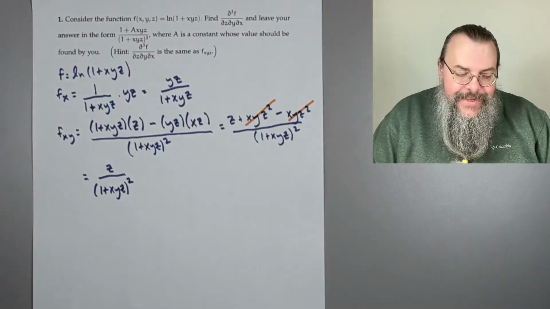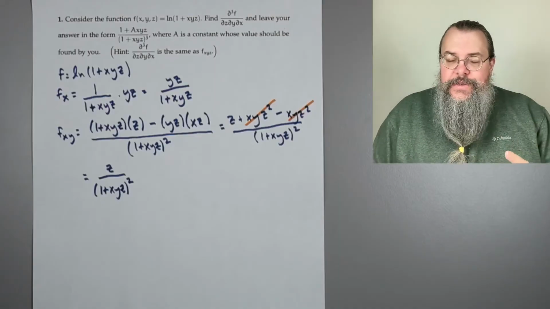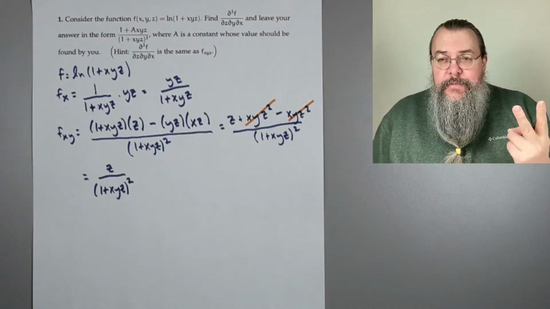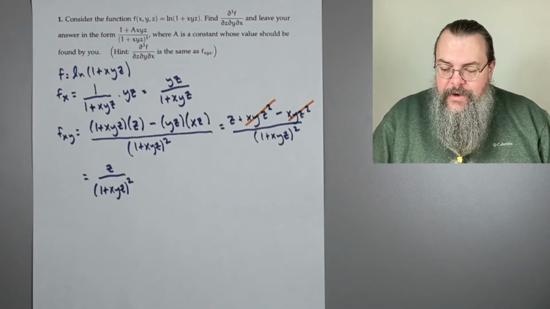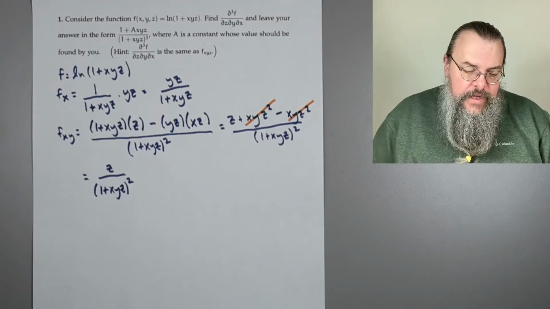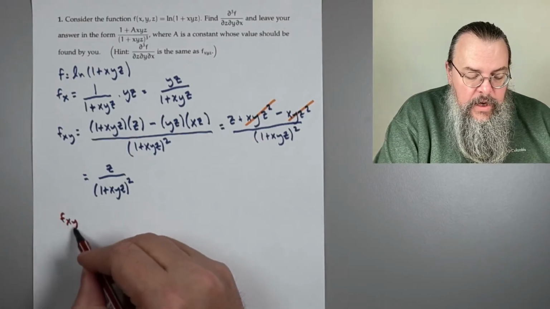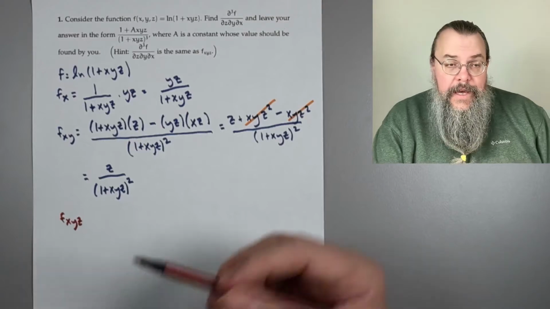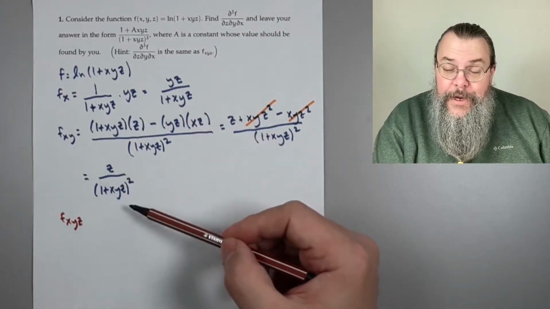Okay, good. Now, one more to go. So we've taken the derivative with respect to x, we've taken it with respect to y, now with respect to z. All right, well, let's see what's going to happen here. So we're going to have f of x, y, z. And like in the previous case where we had y on top and bottom, now we have z on top and bottom.